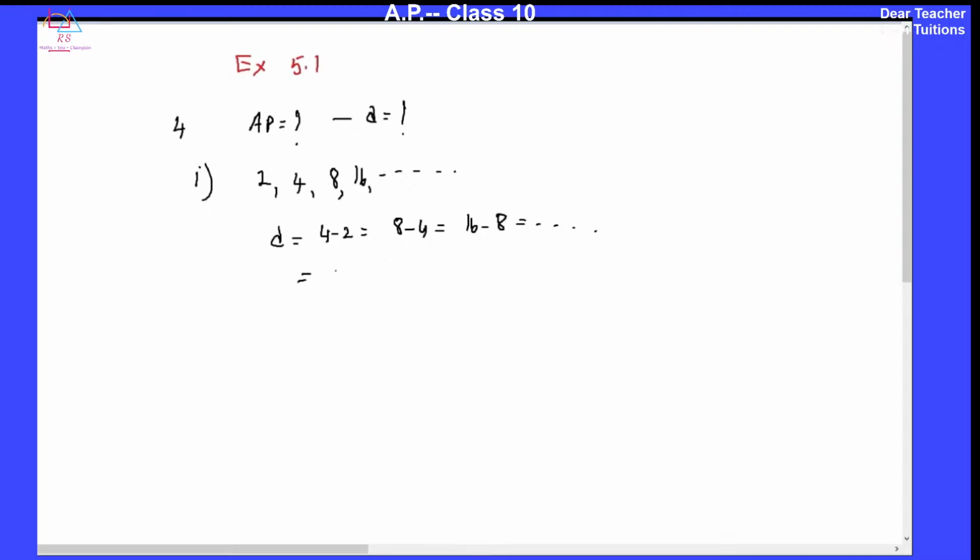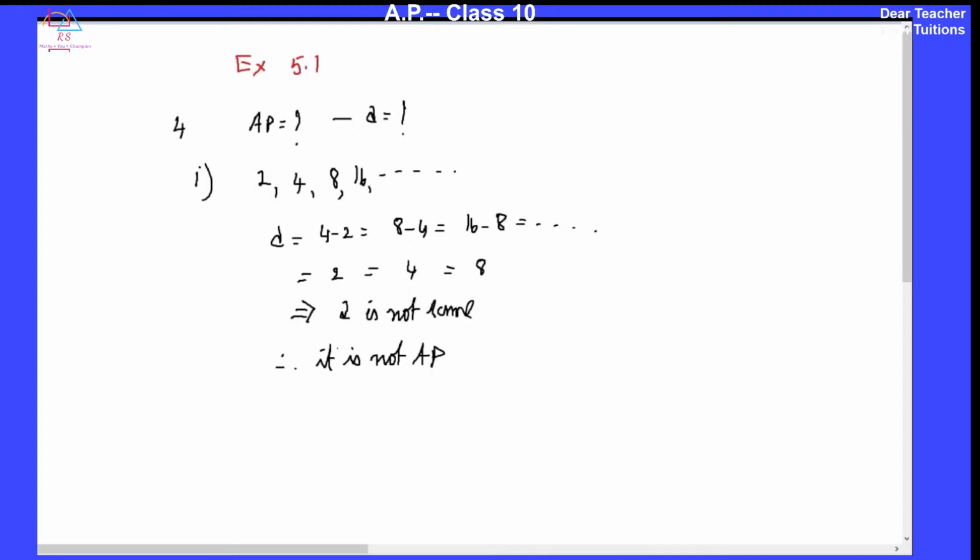So 4 minus 2 is 2, this is 4 and this is 8. That means D is not the same. Therefore, it is not an AP. This progression is not an AP. This is how you have to do it.